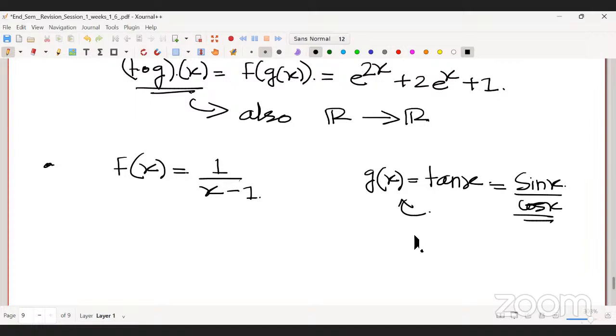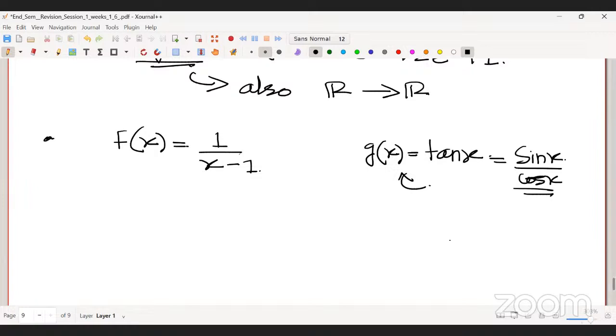All values n into pi by 2. N into pi by 2. So where does n vary? On natural numbers, it can be taken.